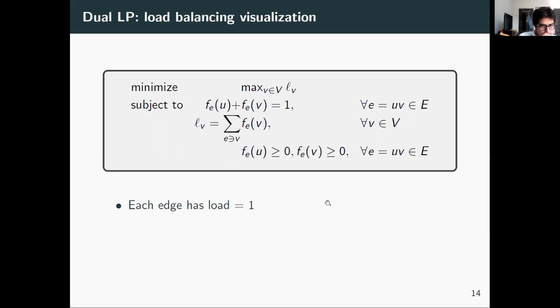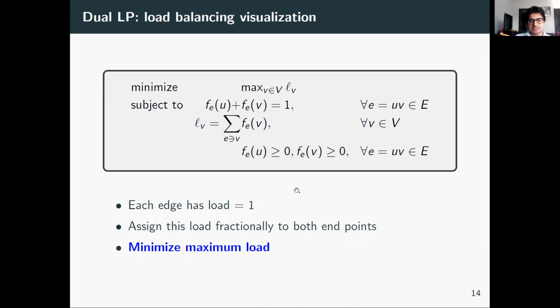So now you can think of each edge having a load of 1, and what we're going to do is assign this load fractionally to both endpoints. And once we assign this load fractionally to both endpoints, our goal is to minimize the maximum load on any vertex. All right? Cool.